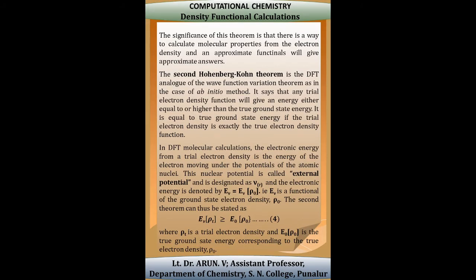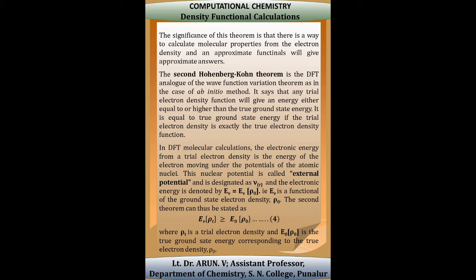The significance of this theorem is that there is a way to calculate molecular properties from the electron density, and an approximate functional will give appropriate answers. The second Hohenberg-Kohn theorem is the density functional theory analog of the wave function variation theorem, as in the case of ab initio methods.